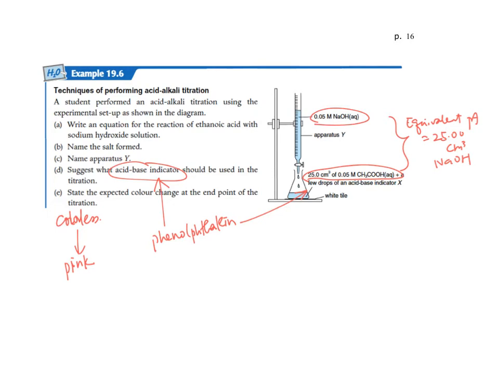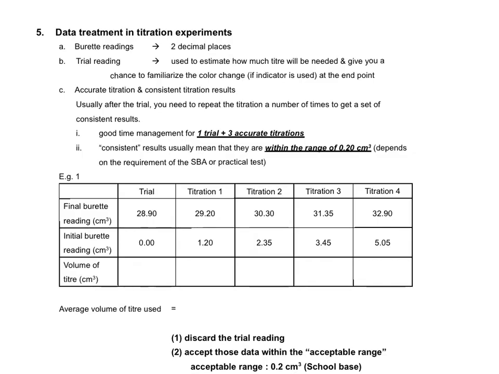Now, for accurate analysis, the endpoint should be very close to the equivalence point. To increase the accuracy of the volumetric analysis, we usually repeat the titrations many times. The first titration is called the trial.